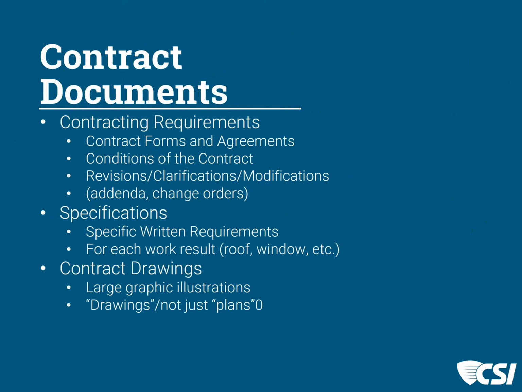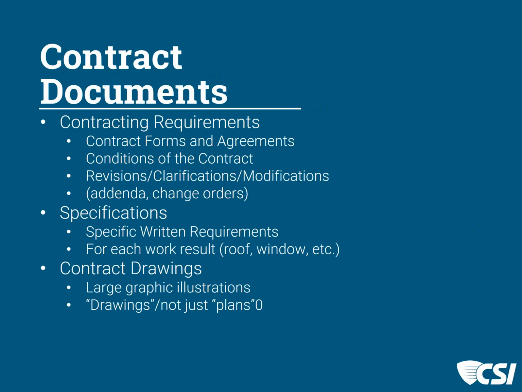If we're talking about a typical design, bid, build delivery system, those contracts are a little different in design build or construction management at risk, but they are one tier of our contracting requirements.